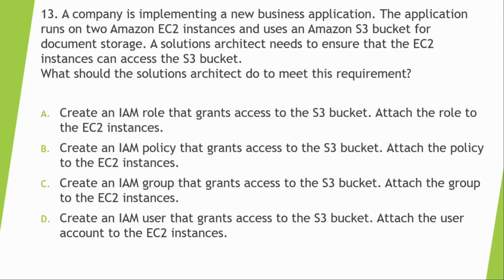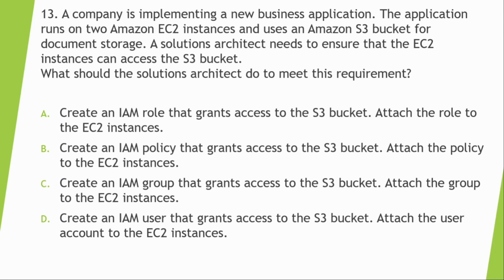So coming to the next question, a company is implementing a new business application. The application runs on two Amazon EC2 instances and uses an Amazon S3 bucket for document storage. A solutions architect needs to ensure that the EC2 instances can access the S3 bucket. What should the solutions architect do to meet these requirements? Okay, so again, this is about EC2 wanting to talk to S3.